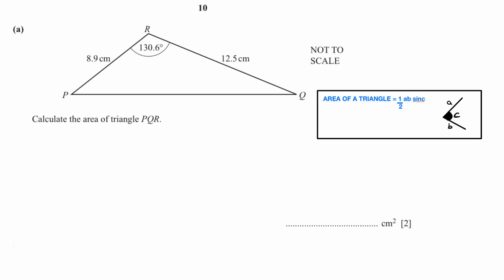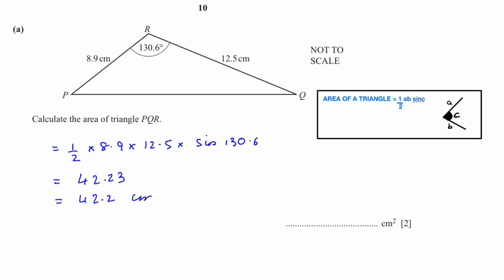So we'll replace all the values that we have. A is 8.9 and B is 12.5 into sine 130.6. We will get 42.23 rounded to one decimal, so 42.2 square centimeter.